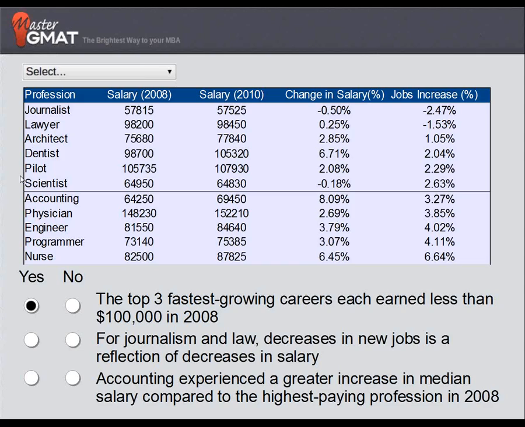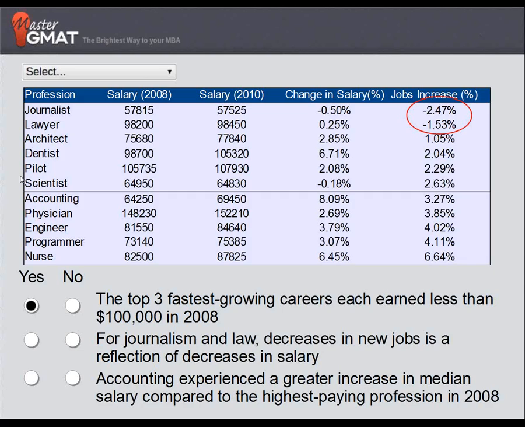To solve this question, we're going to want to sort the table again, this time by jobs increase in percent. Oh, actually, we've already done that. Excellent. And as you can see, journalism and law were both professions that saw a decrease in jobs from 2008 to 2010. I went ahead and circled those values for you.